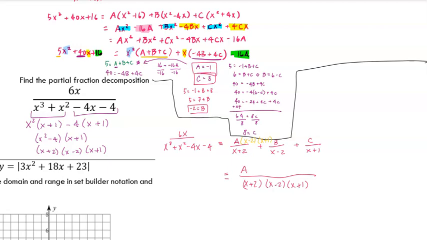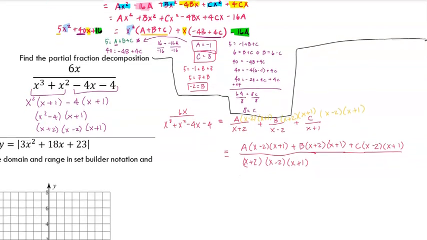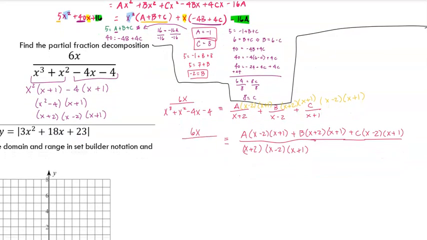So a times x minus 2, x plus 1, plus b times x plus 2, x plus 1, plus c times x minus 2, x plus 1. Woo! That's going to be equal to 6x.